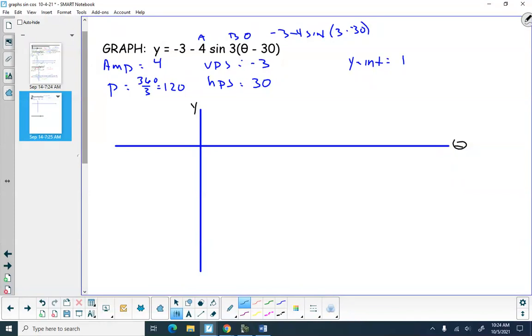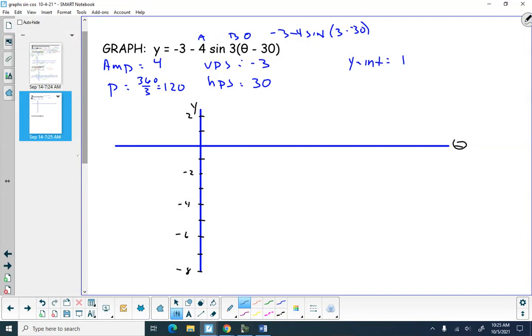So looking at my spacing here, I need to make sure I stretch down to at least -7. Now, if I take a look at my theta axis, the period's 120, so it's not very big. The horizontal shift is 30, so I don't have to stretch out or make my 90s really small.